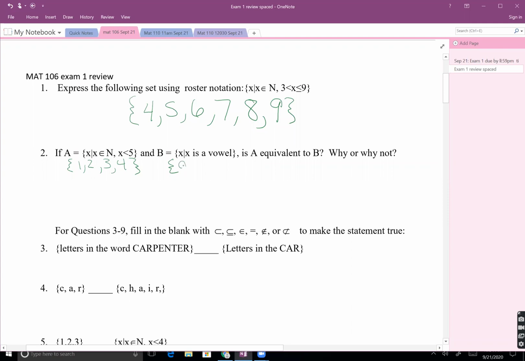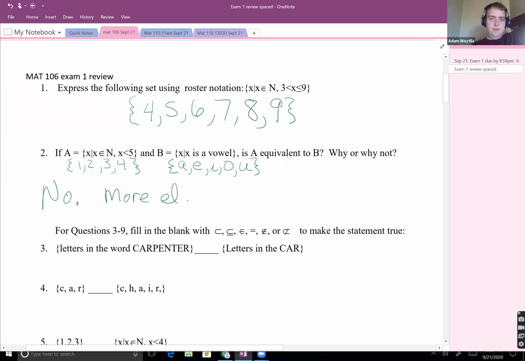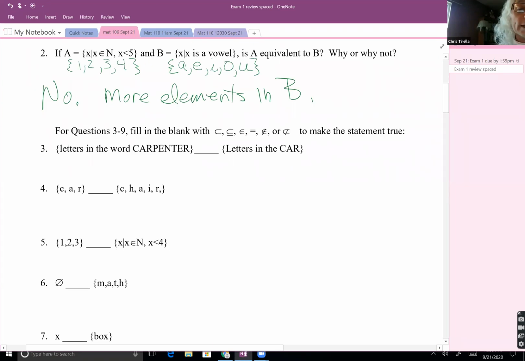I, E, O, A and U. Are they equivalent? No, because there's more in B. I'll take that as an answer. They don't have the same cardinality would be another answer. If you wanted to get fancy, you could say there's not a one-to-one correspondence between them.